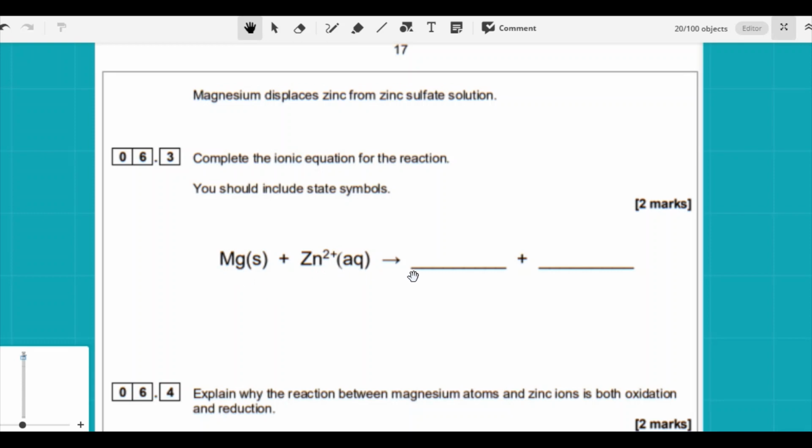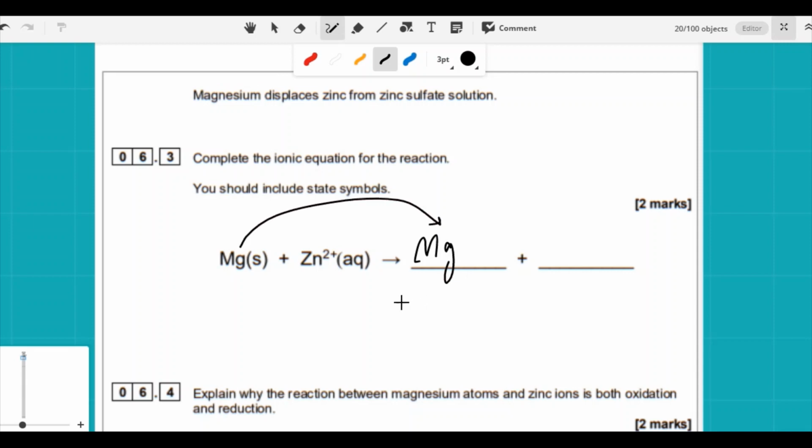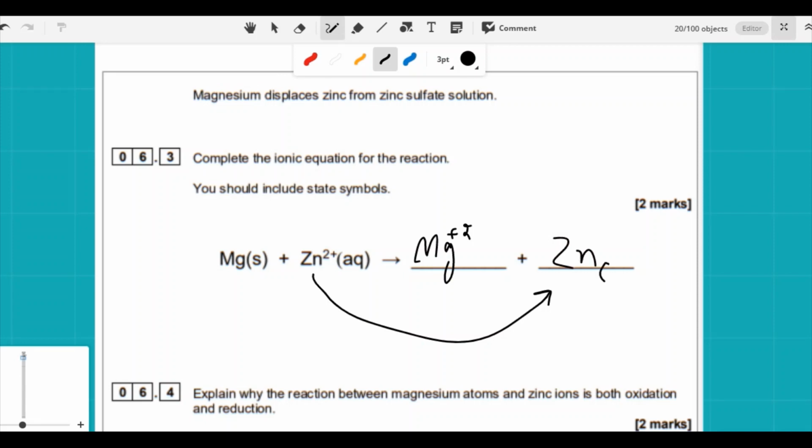In the product there will be Mg, because you can see that is solid, and zinc in ionic form, because magnesium loses 2 electrons, while the zinc will gain 2 electrons and form zinc solid.